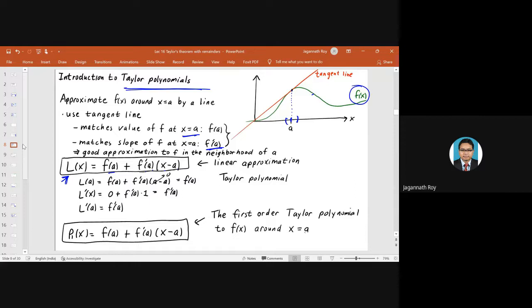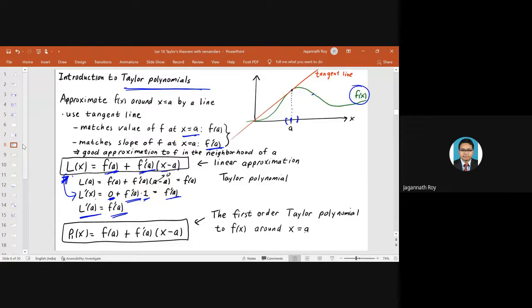Now if you try to differentiate this function, this is our polynomial, so L prime of x: f of a is a constant value, so this becomes 0, and then f dash of a, and the derivative of x minus a will be 1. So this is nothing but f dash of a. So what we get is L dash of a equals f dash of a.